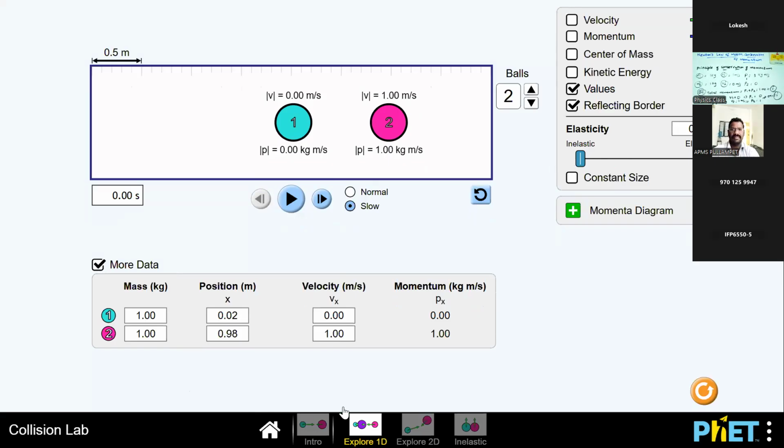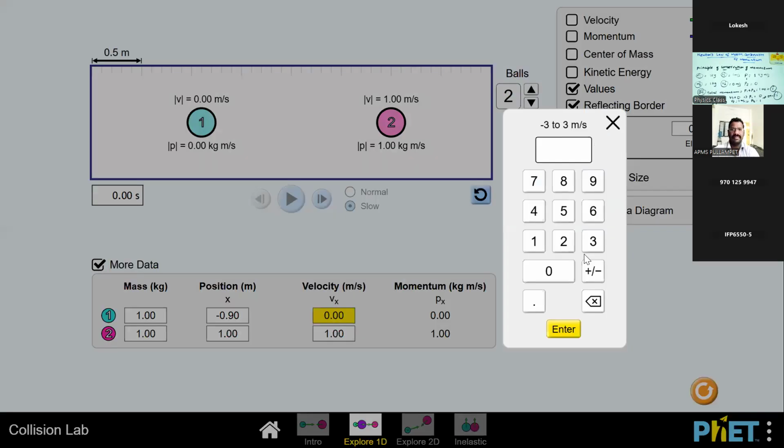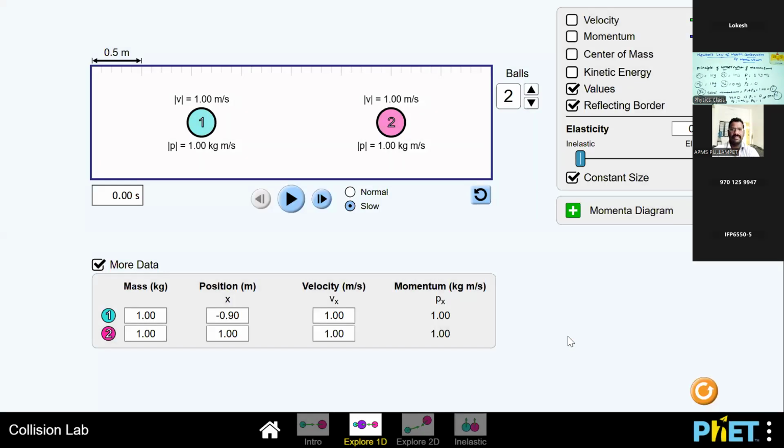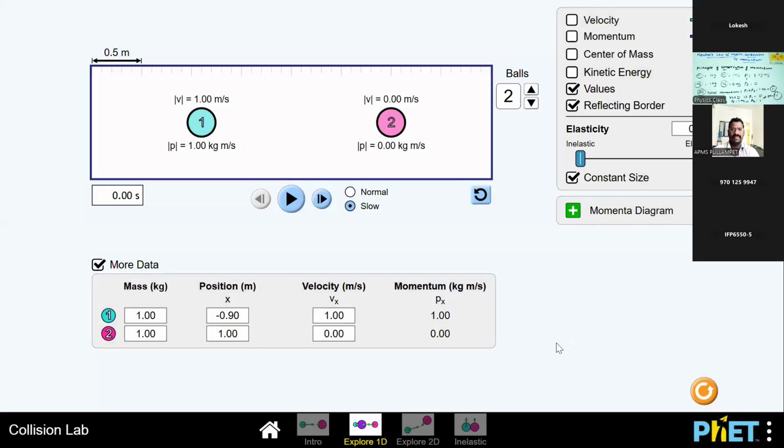Take both objects as 1 kg. Equal masses: ball 1, 1 kg, ball 2, 1 kg. Ball 1 velocity we can take as 1, and ball 2 velocity we can take as 0. Now you can see mass into velocity, momentum.